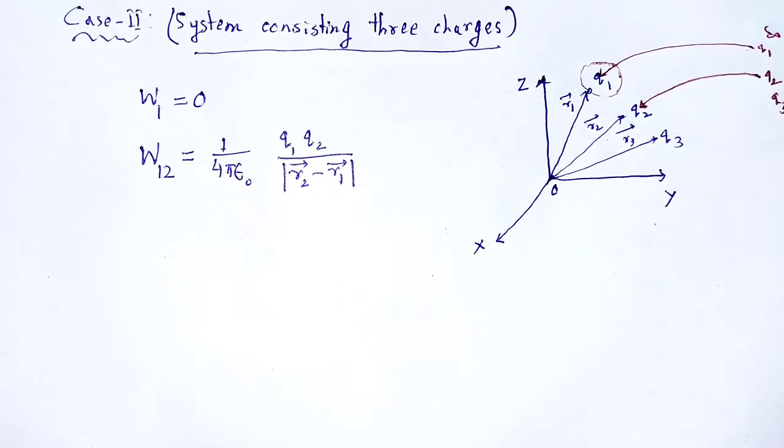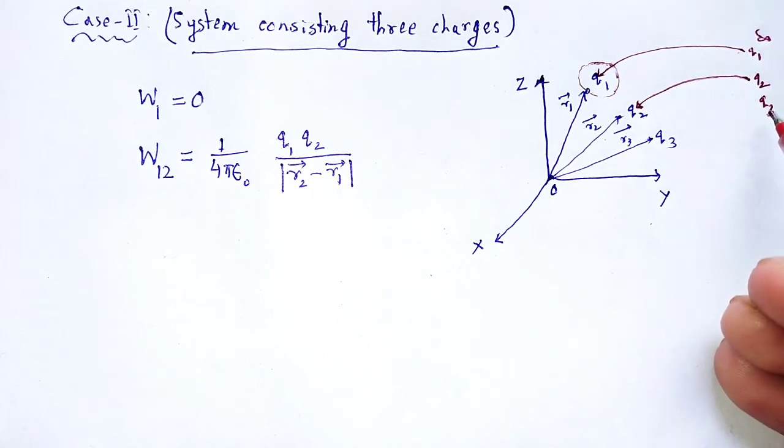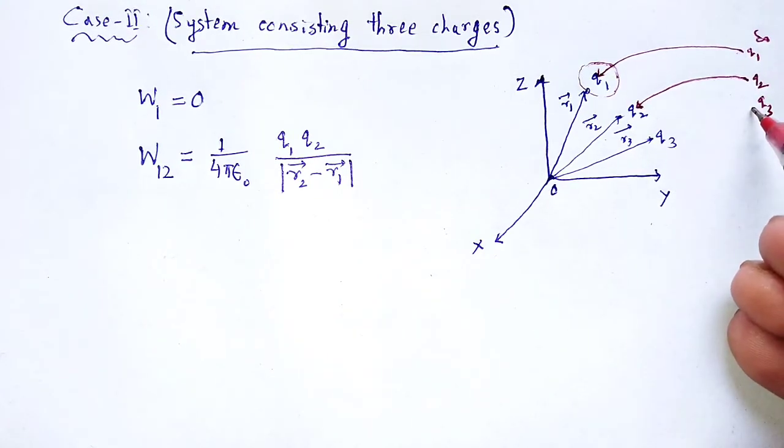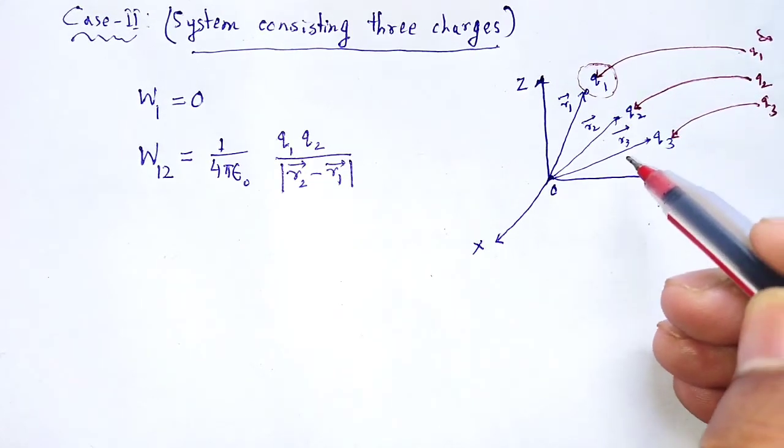Now bring the charge Q3 from infinity to its respective location, the R3 vector.